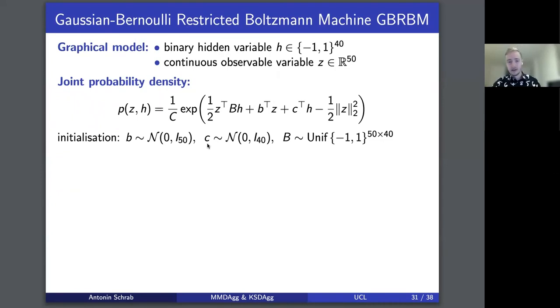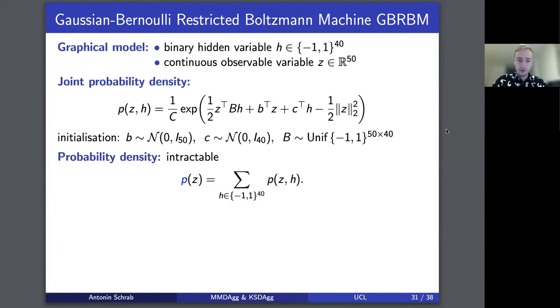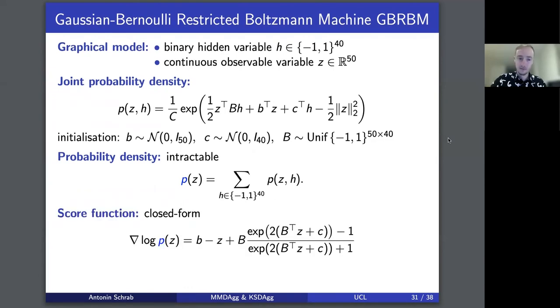We initialize them by drawing them from a standard Gaussian distribution, and B is just random variables, either 1 or -1, in dimension 50 times 40. And the probability density P is intractable. We can obtain it by marginalizing over H, but this is in dimension 40. For that reason, it's intractable. So we don't have access to P.